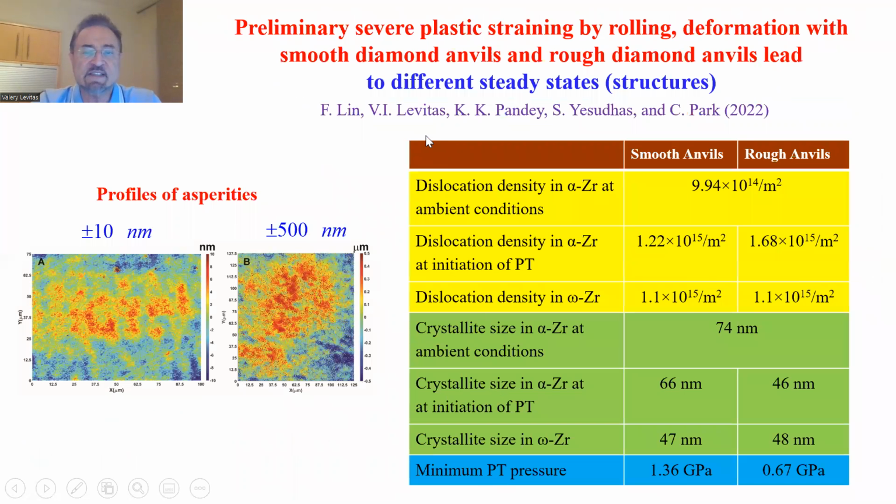And also these steady plastic strain independent states are different for rough and smooth diamond. Also, we have another third steady state after rolling. But with rough diamonds, dislocation density is larger than for smooth diamond, and grain size is smaller. And this explains why phase transformation pressure with rough diamond is 2 times smaller than with smooth diamond.